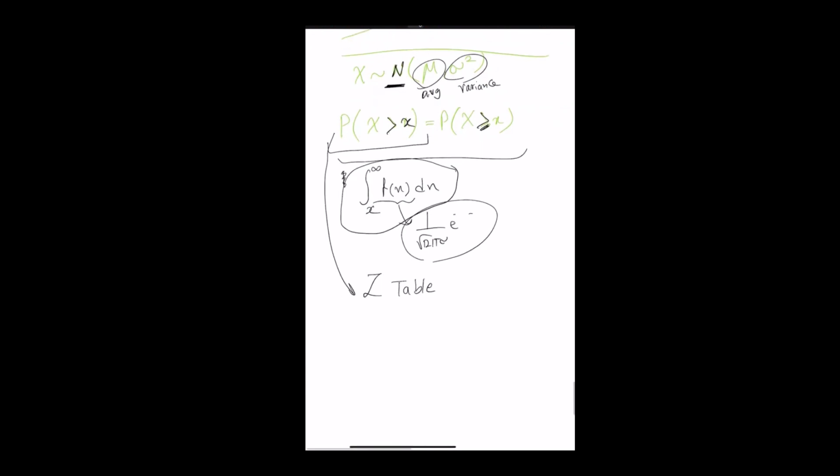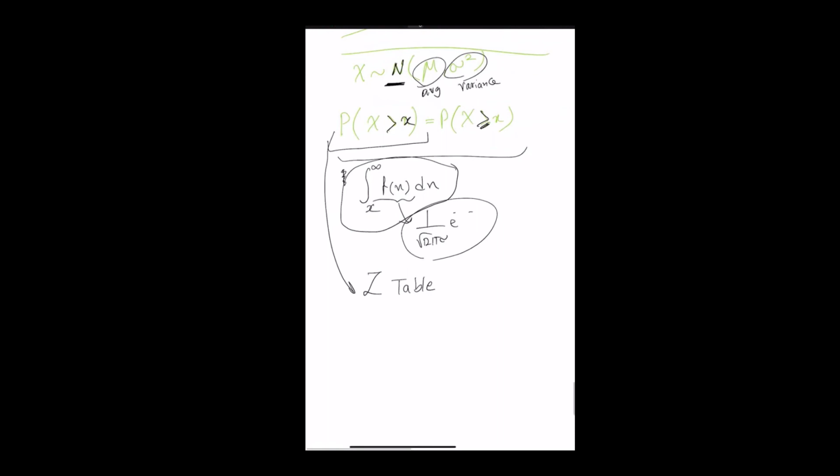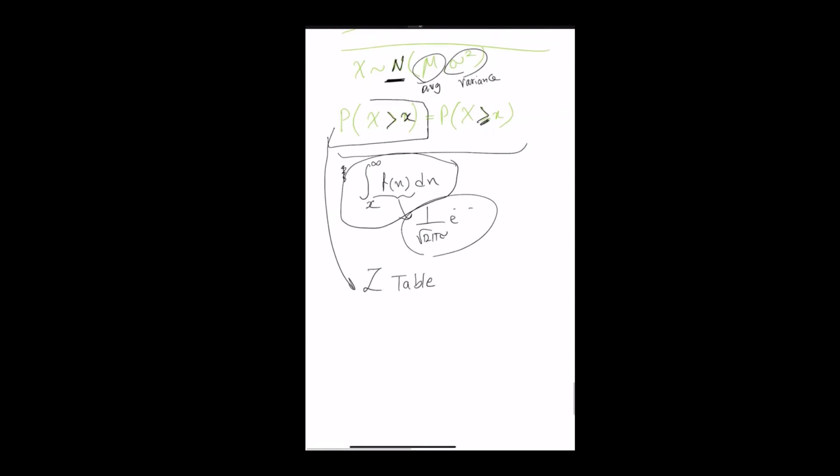So for a normal random variable, only for a normal random variable, if you ever wanted to calculate the probability, all you need to do is to transform it to standard normal, right?